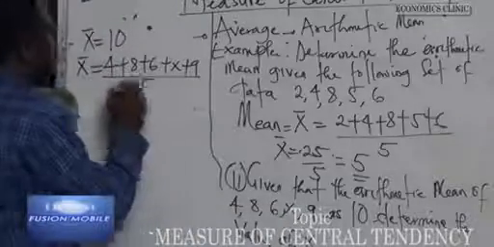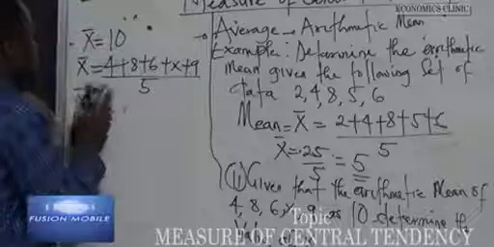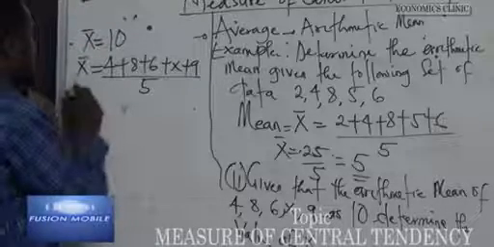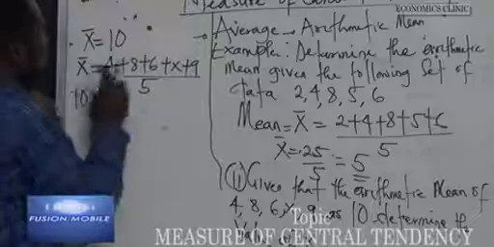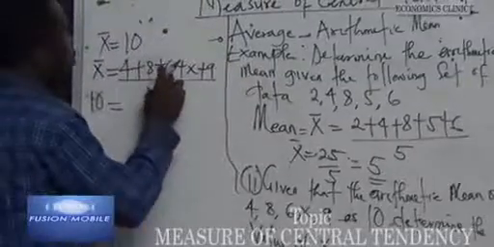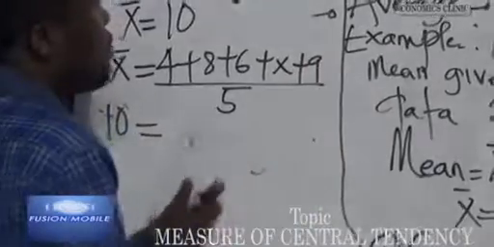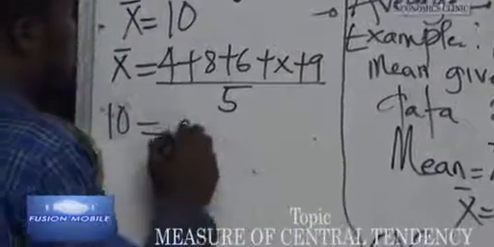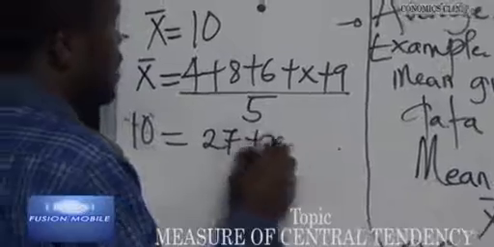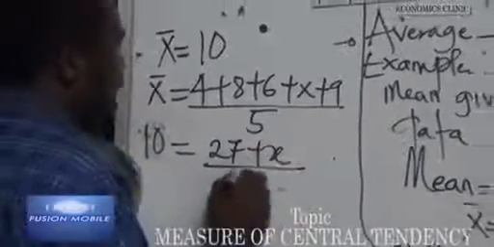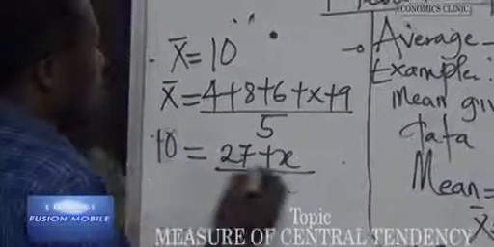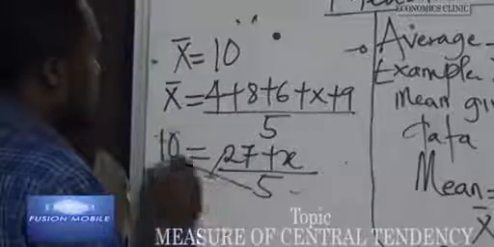So we have 5. Arithmetic mean here equals 10. 4 plus 8 is 12. 12 plus 6 is 18. 18 plus 9 is 27. So we have 27 plus x over 5 equals 10. Here, we cross multiply, since 10 is over 1.